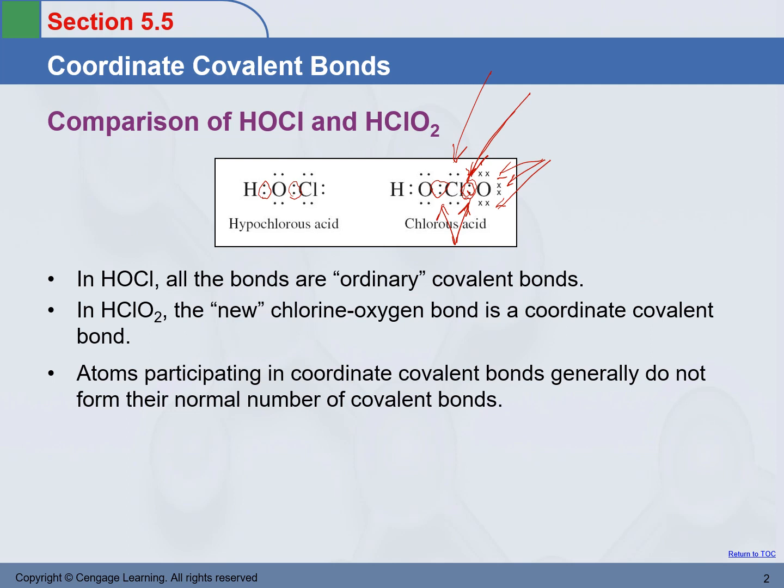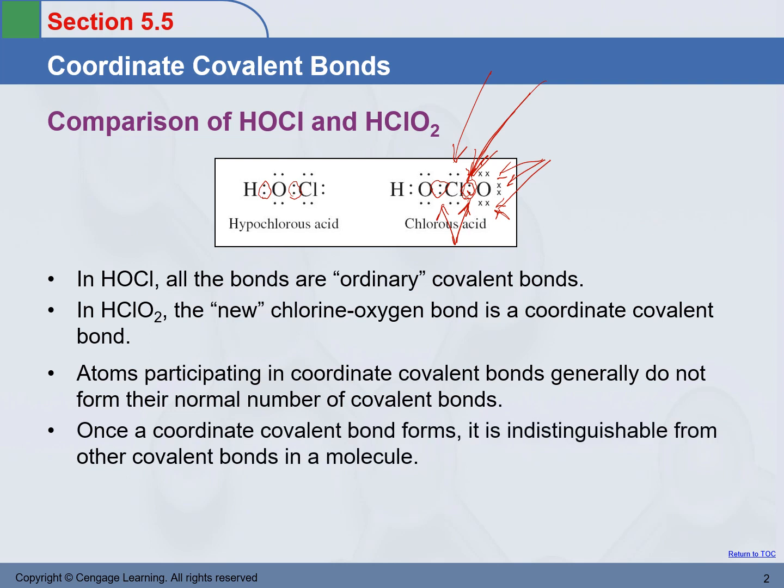Combined with the situation of oxygen, we know that it must be the bond between chlorine and oxygen that is the coordinate covalent bond. Once a coordinate covalent bond forms, it is indistinguishable from other covalent bonds in the molecule. We discussed that.